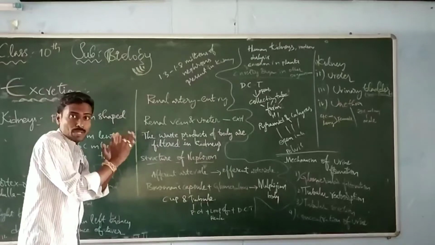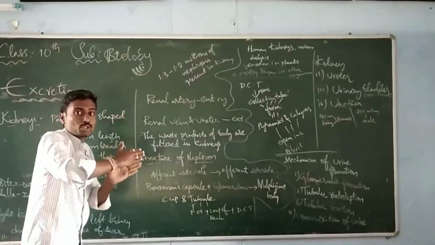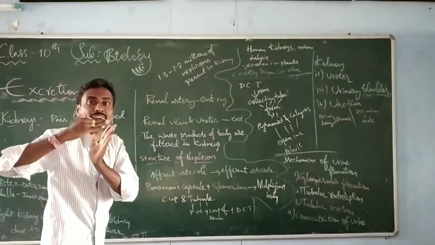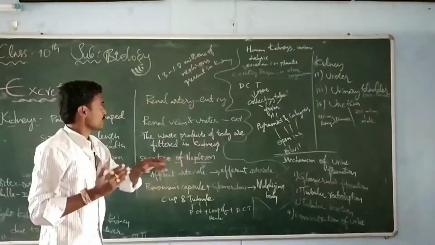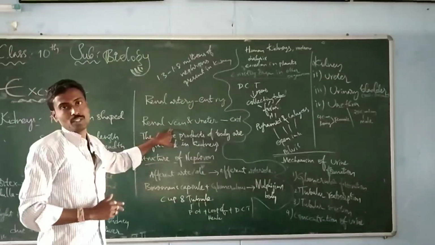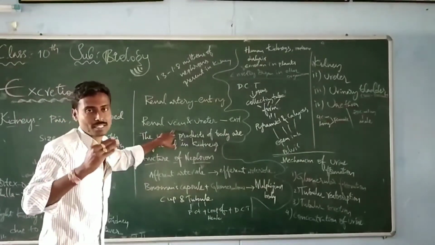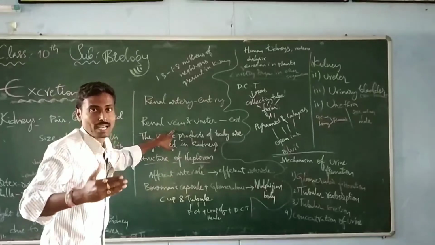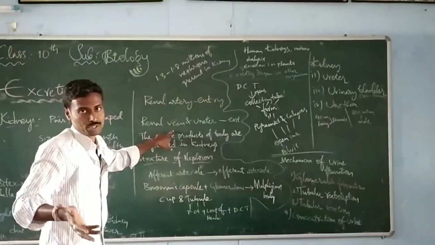These capillaries of blood vessels join together and come out as the renal vein. So this is the exit of the renal vein from the kidney. So this is the structure of the kidney and the mechanism of urine formation. Okay.